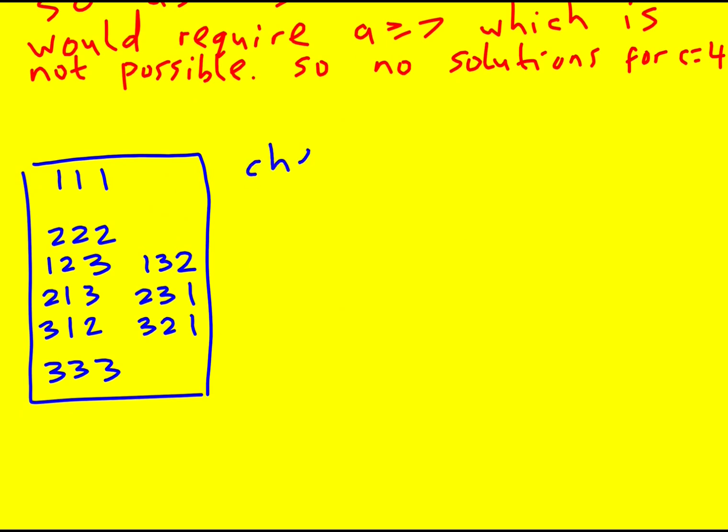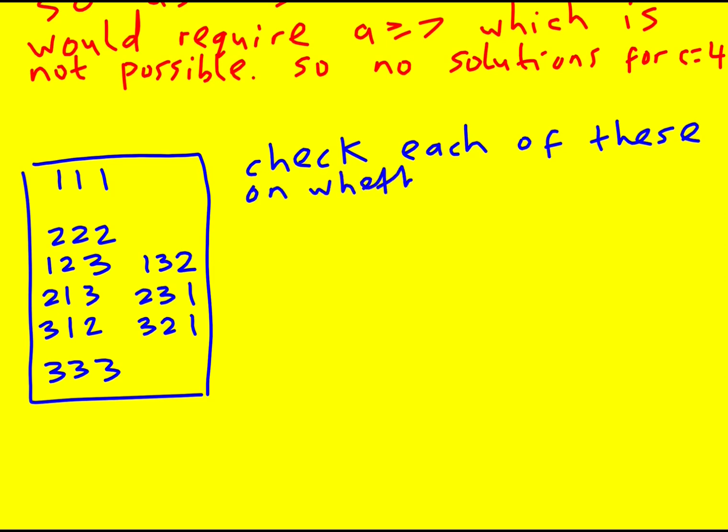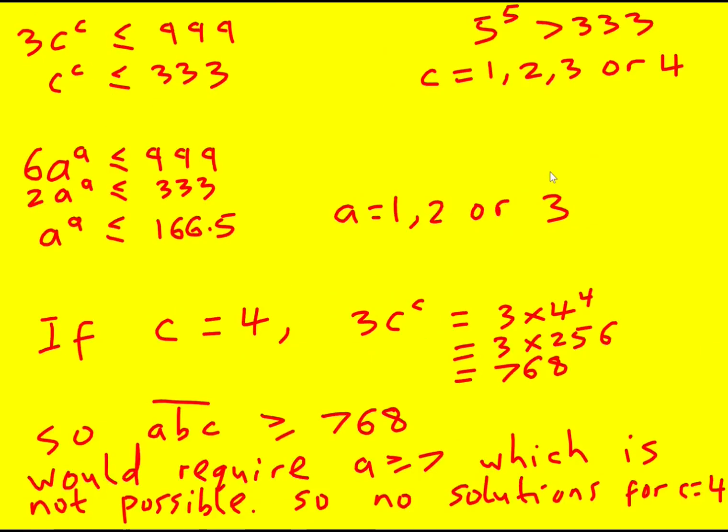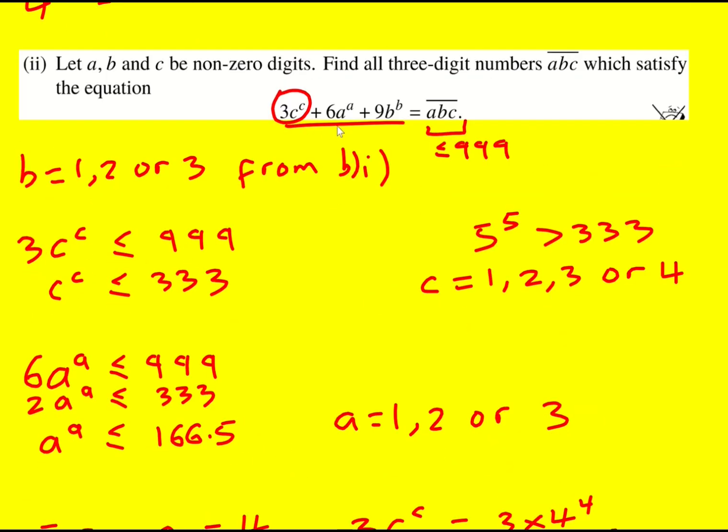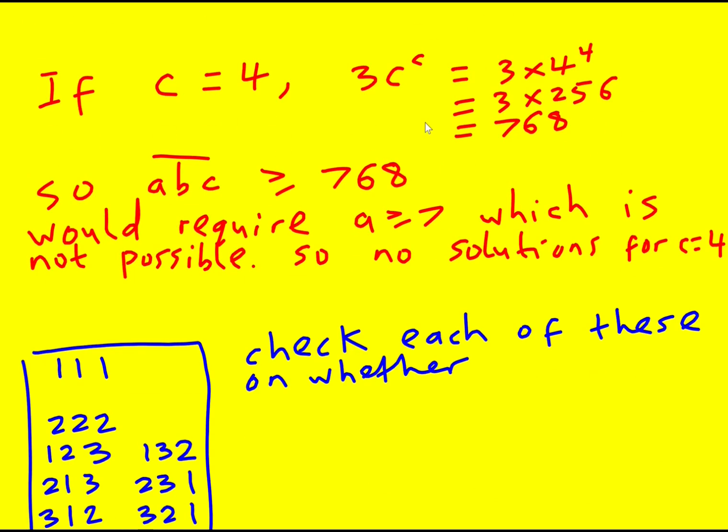So check each of these on whether, I've forgotten the equation, 3c to the c plus 6a to the a plus 9b to the b is equal to abc, this number here.